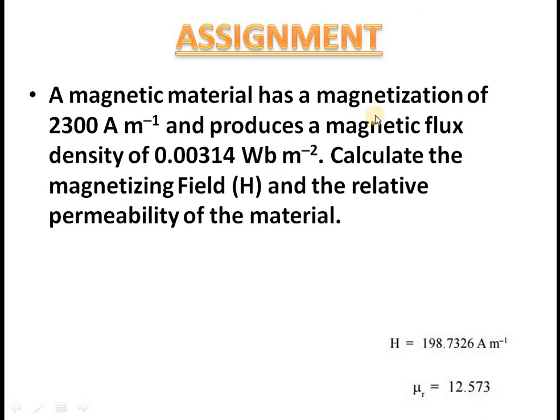This is B. Calculate the magnetizing field H and the relative permeability of the material. The ideas we already discussed will be helpful to do this problem. The likely answers are shown here. You can use them as a hint. So complete this assignment and submit in due time.